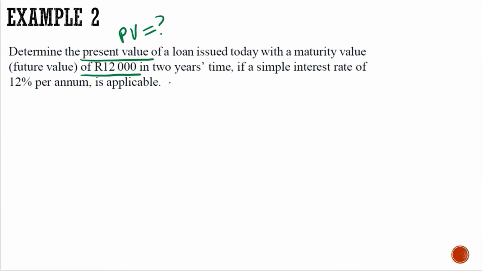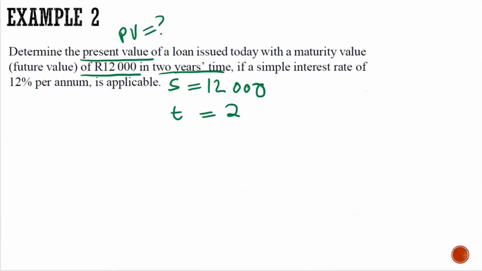Okay, so you are told here the future value. Remember from our formulas, I want to use the variables that are similar to our formulas. So now we are told that our future value is 12,000, and then in 2 years time, this is the year. So now our time is equal to 2.